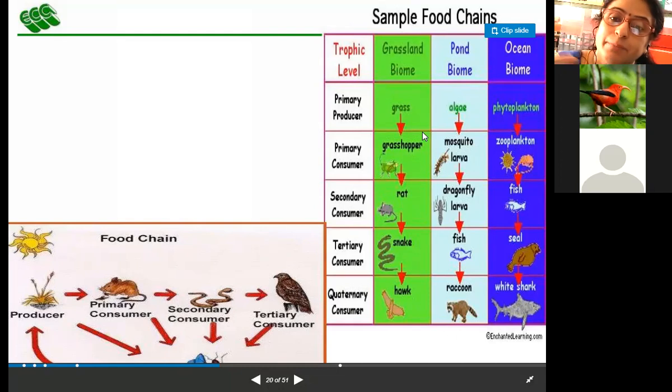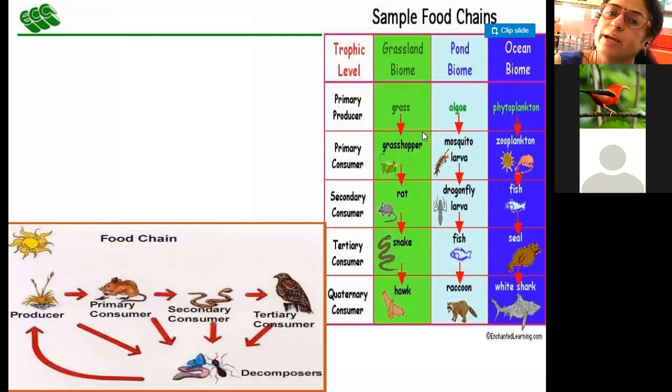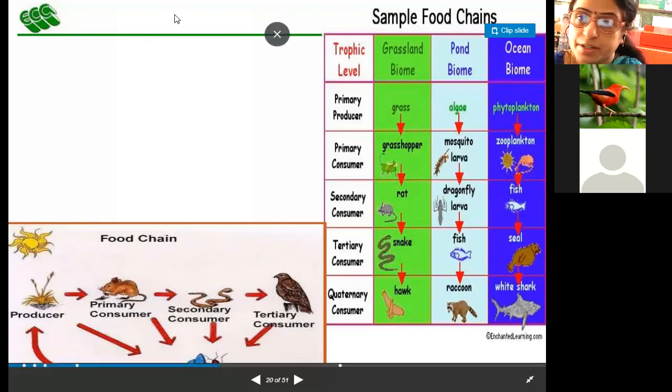So they have to consume more and more organisms. Consuming more and more organisms increases the level of pesticide in the body of an organism. So at every trophic level, what happened to the pesticide? It increased.